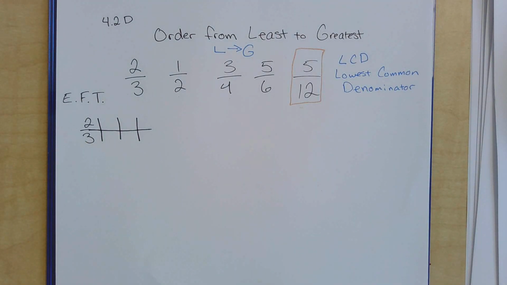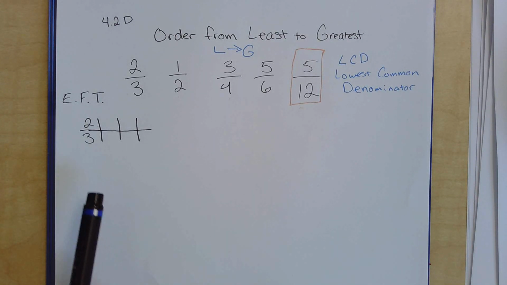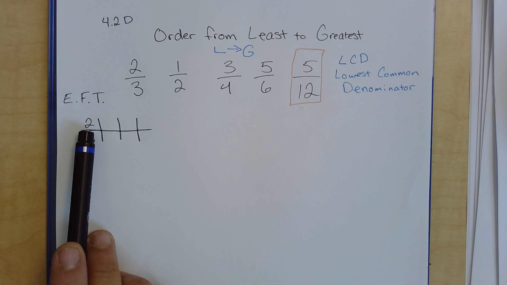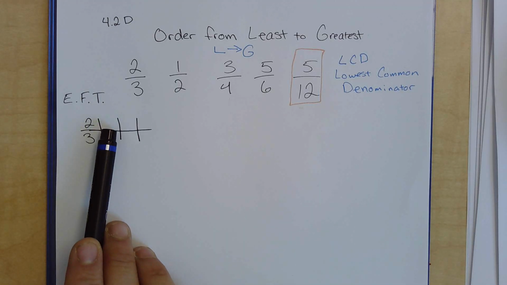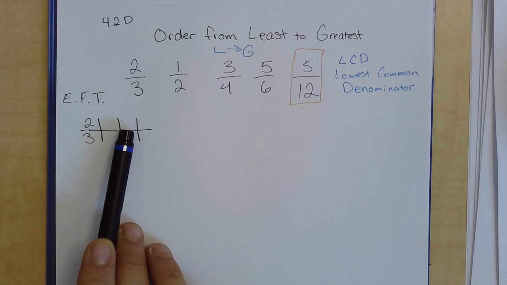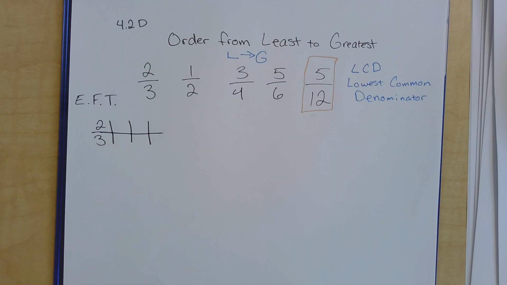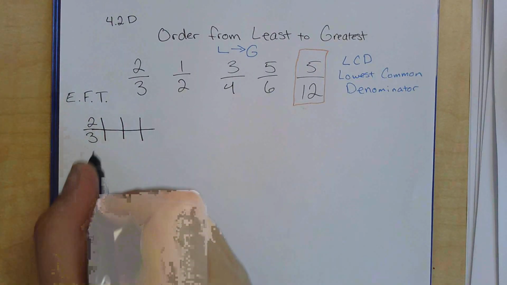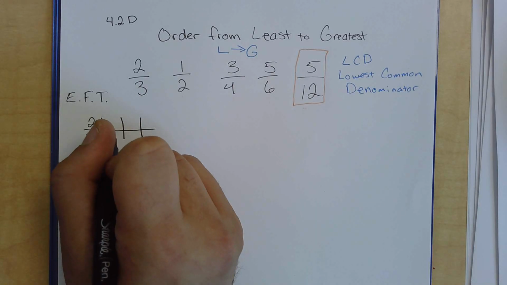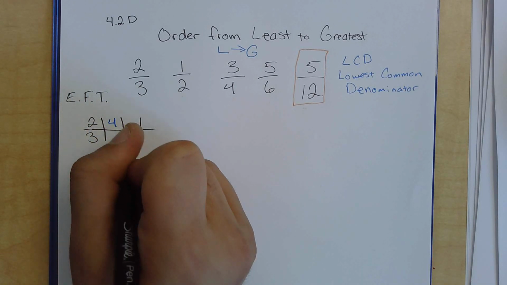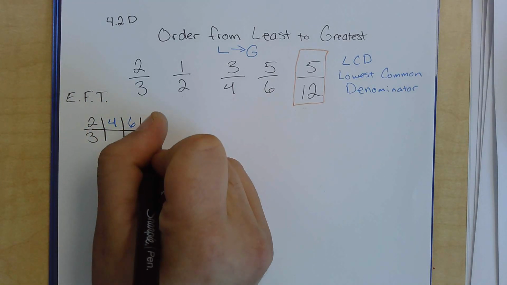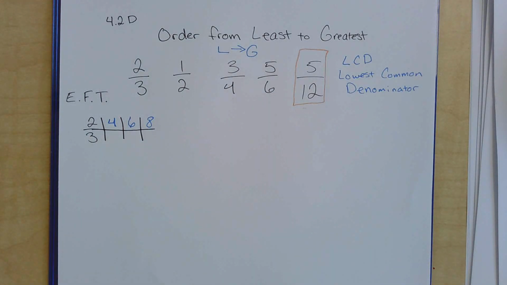And I'm going to skip count by the value of my numerator, which in this case is 2, every time I go to a new numerator. Skip counting by 2s, it's going to be 2, 4, 6, and 8.